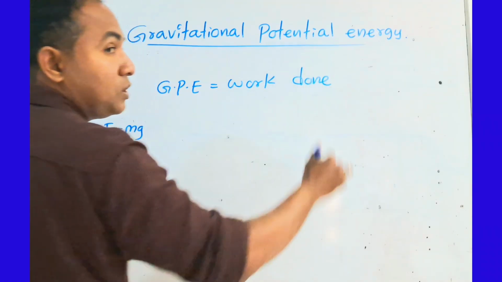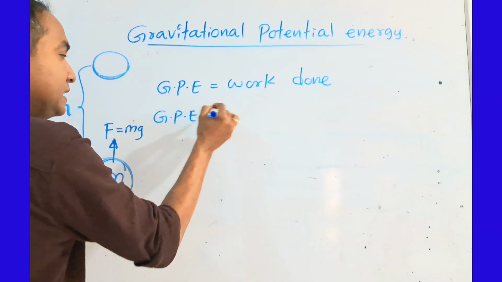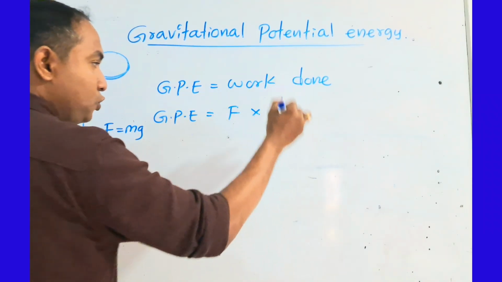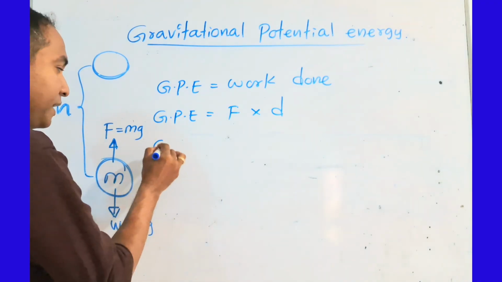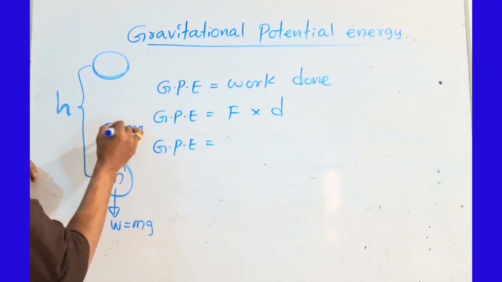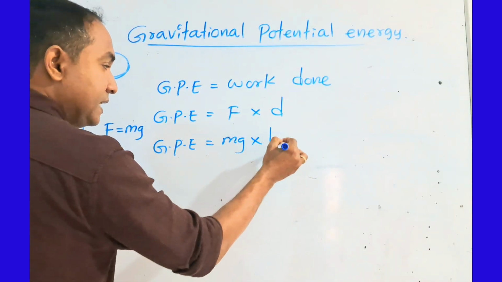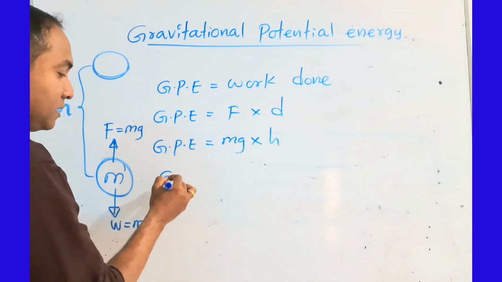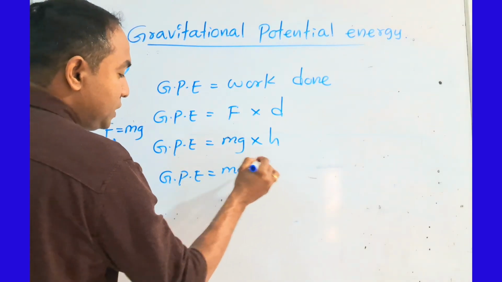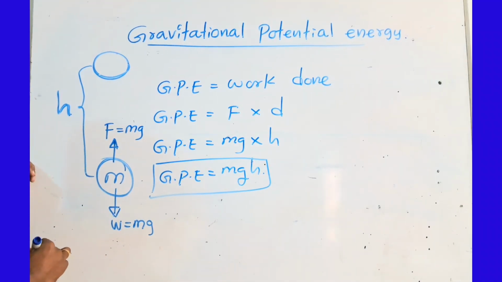Work done means F times d, which you already learned. What is F? F is equal to mg, no? D is equal to h. So the gravitational potential energy is mgh.